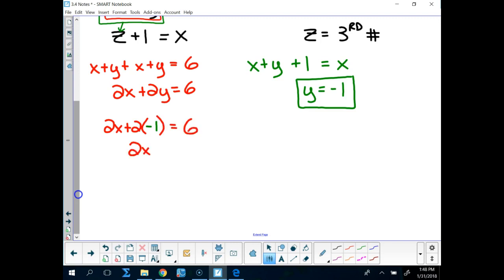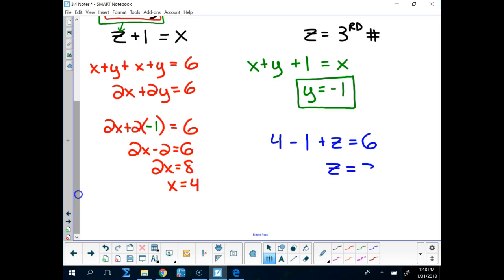So 2x minus 2 equals 6. So 2x equals 8. So x equals 4. If x is equal to 4 and y is equal to negative 1, then z has to be 3.